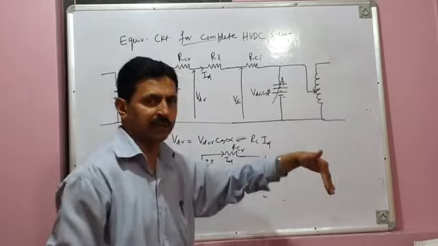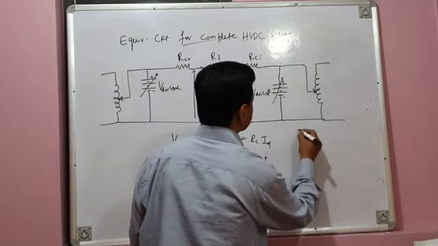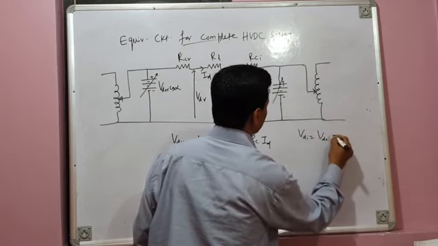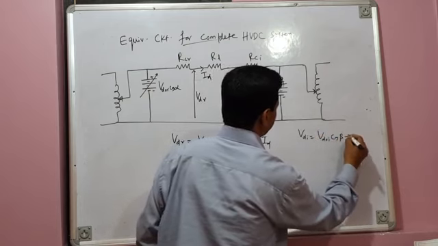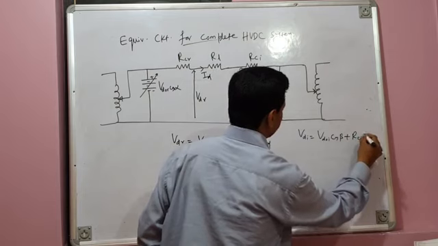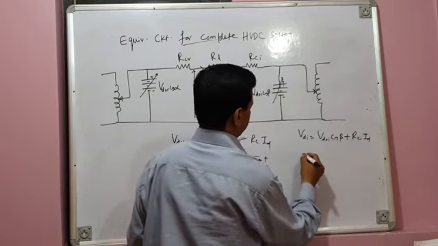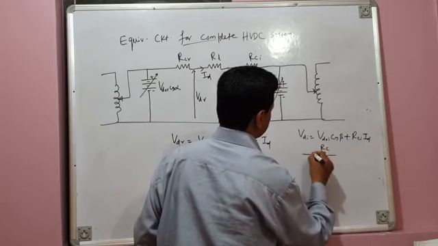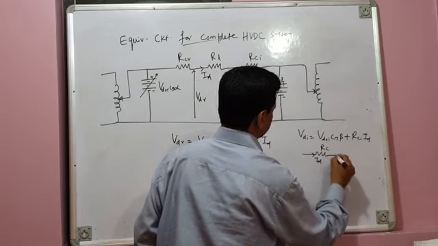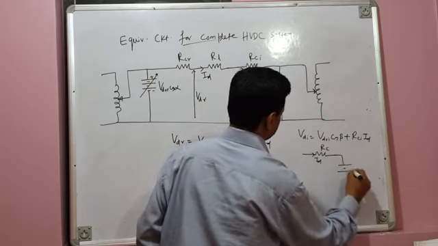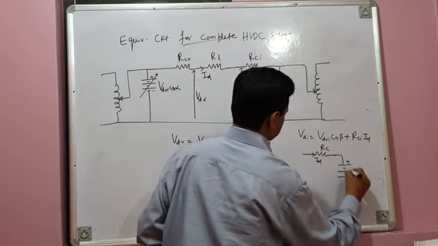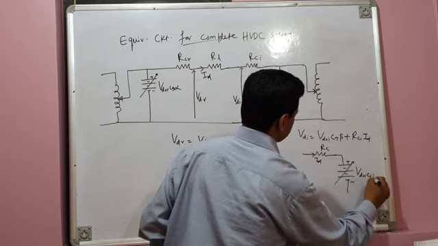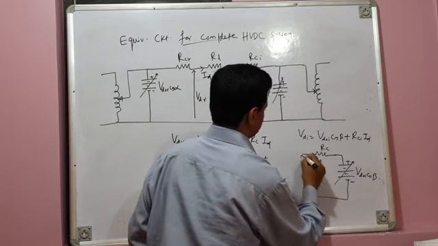Now go to the inverter. For inverter, the equation is VDI is equal to VDOI cos beta plus RCI ID. And if you remember, you have drawn it few moments back. This is RC and this is ID, and this is plus minus. This is VDOI cos beta, and this is VDI.